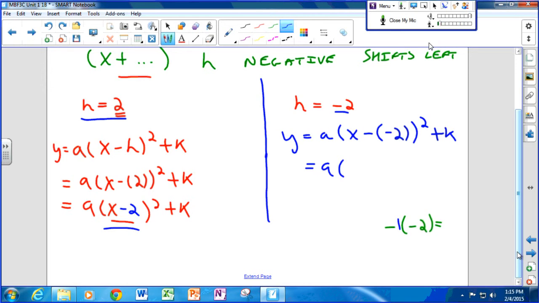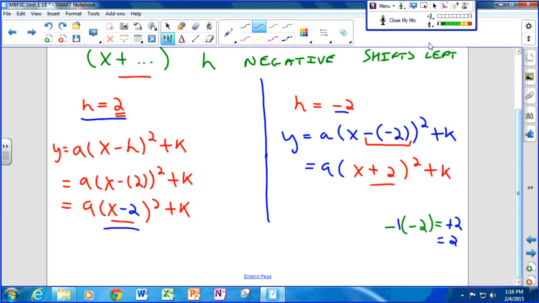Well, when the signs are the same, the answer is positive. And then 1 times 2 is 2. Well, of course, we would just normally write that 2. Well, let's go back and substitute our 2 into the bracket here. Actually, let's substitute our 2 into this whole expression, because that's what we were simplifying. Okay, so now we have x plus 2, because it's a positive value, squared plus k.